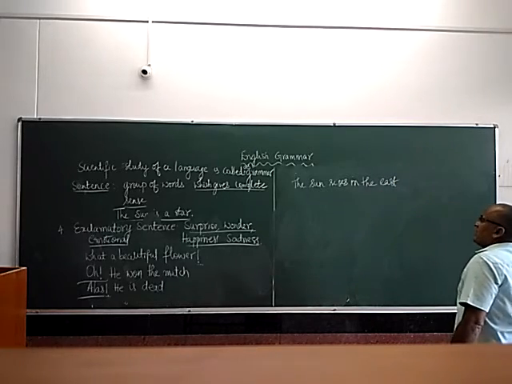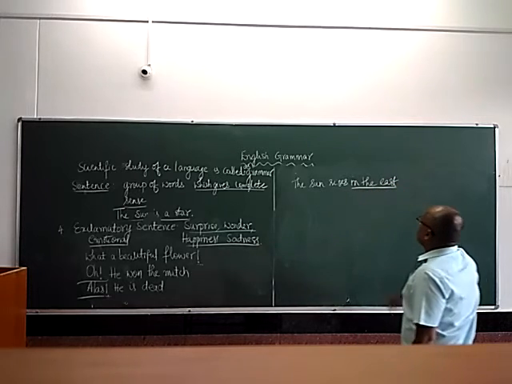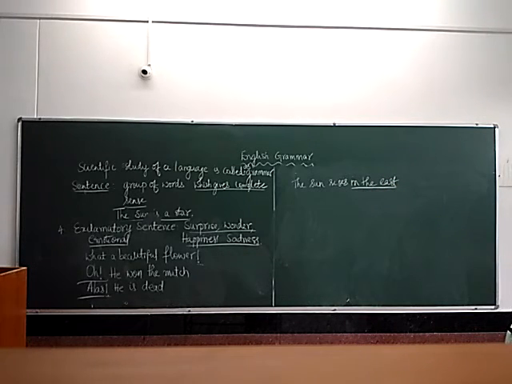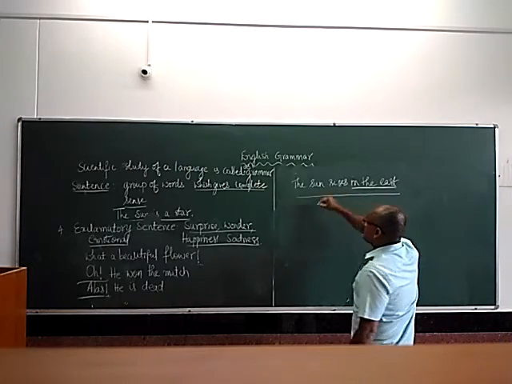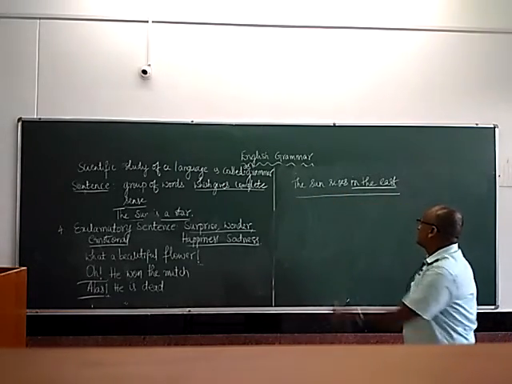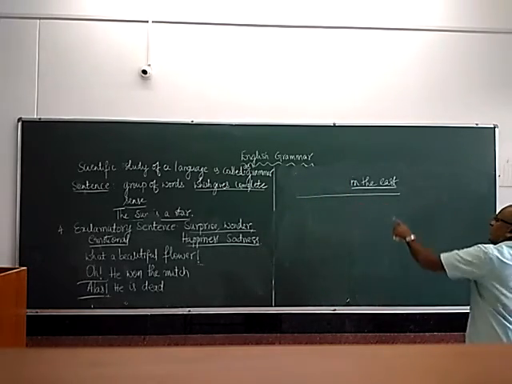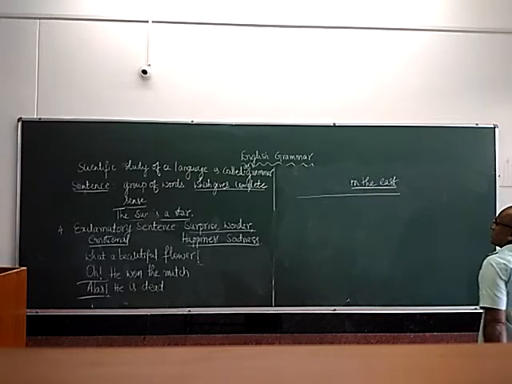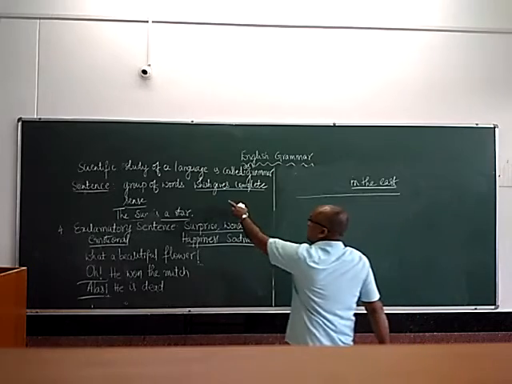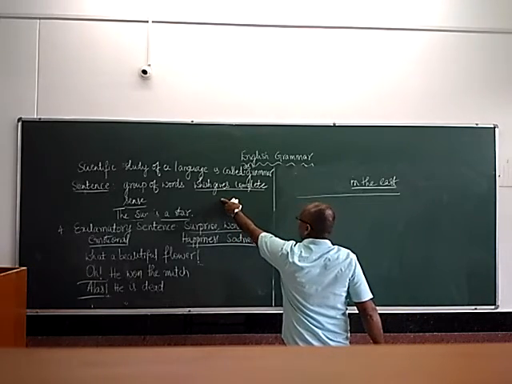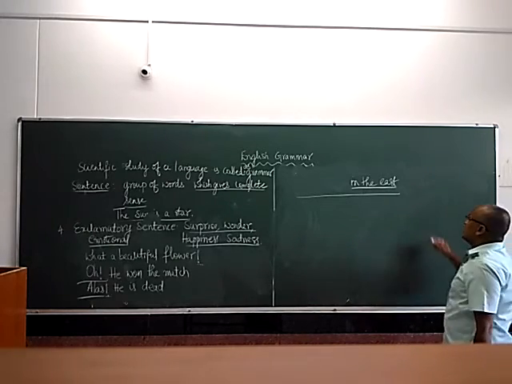If you take this example, this entire thing is a sentence because it is giving us complete sense. But when you have only these three words, they are a group of words, they are giving some sense, but they are not going to be considered as a sentence because it is not giving the complete sense.